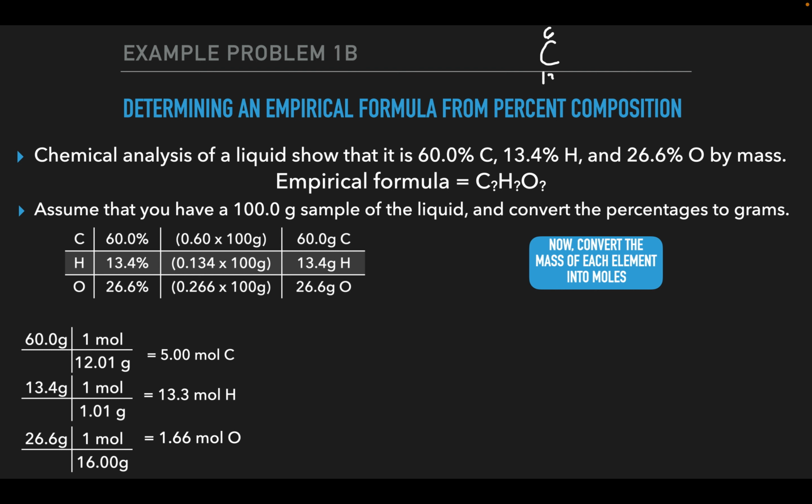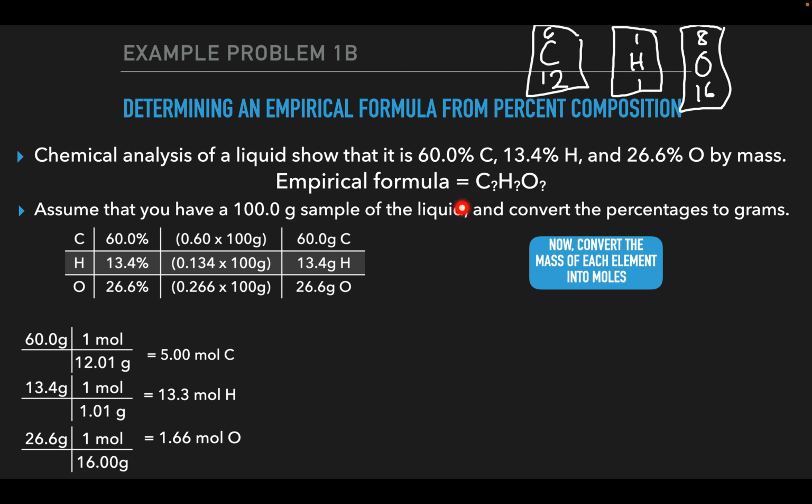Carbon is 6 and 12. For hydrogen, we know hydrogen is 1 and 1. Oxygen is 8 and 16. So that's where you get those numbers from.